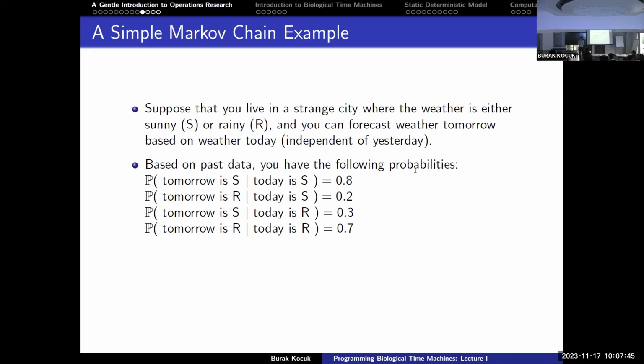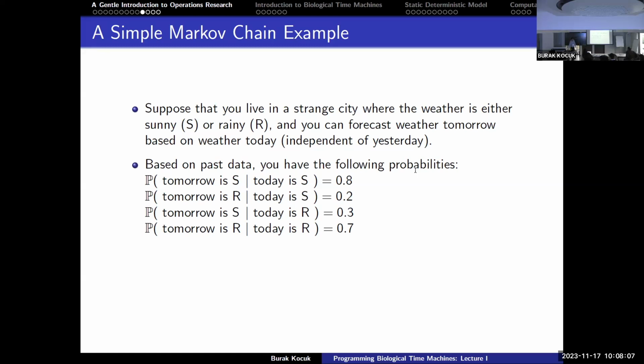Maybe I should explain what conditional probability means. We want to understand the probability of tomorrow being sunny, given that today is sunny. So it's conditioned on the fact that today is sunny. And these numbers are given to you.